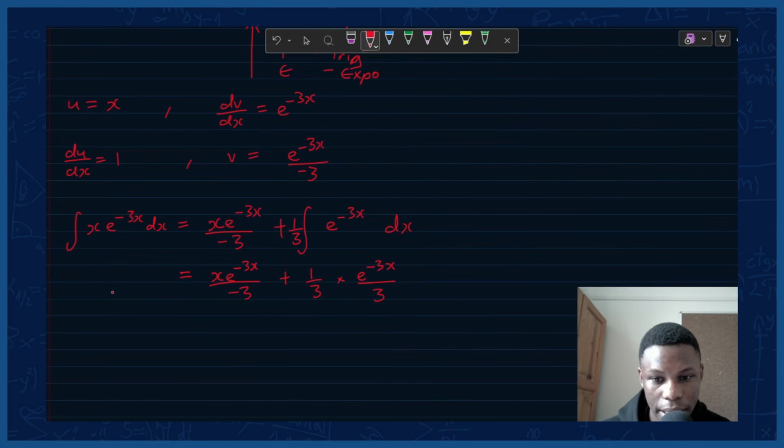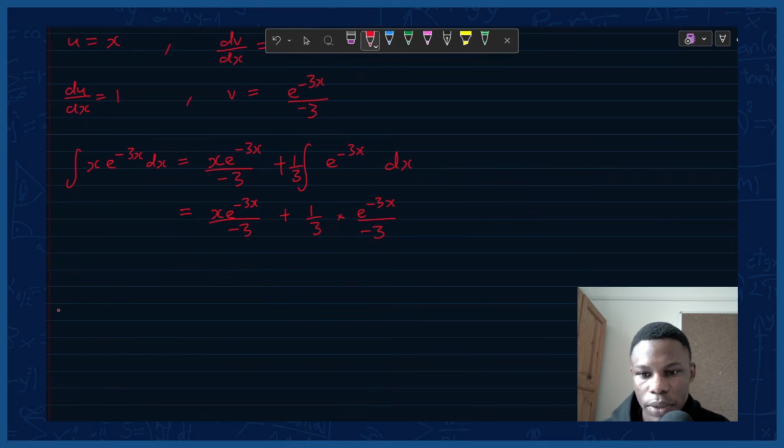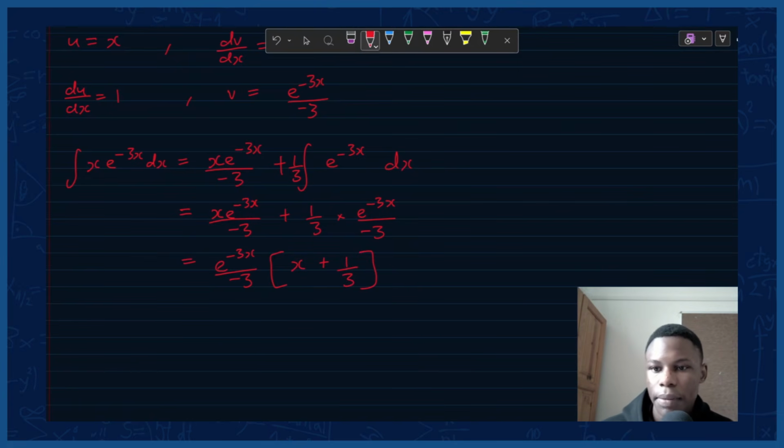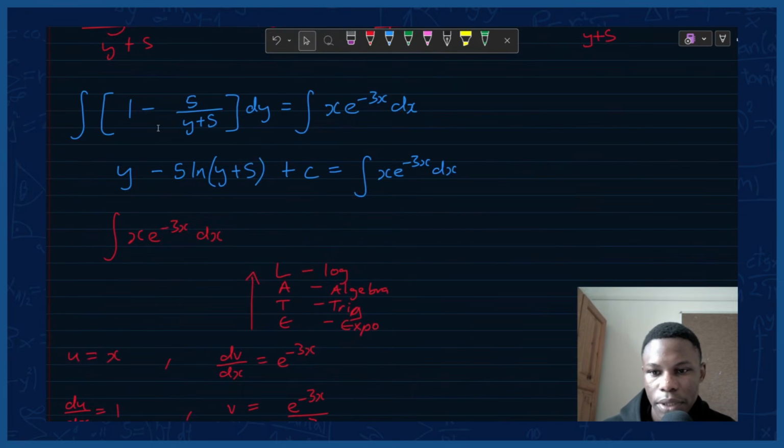rather over minus 3. And we can factor out e to the minus 3x over minus 3. And what remains is going to be x on the first term and then plus the 1/3. Okay. And that's the integral of x e to the negative 3x. And we substitute here.